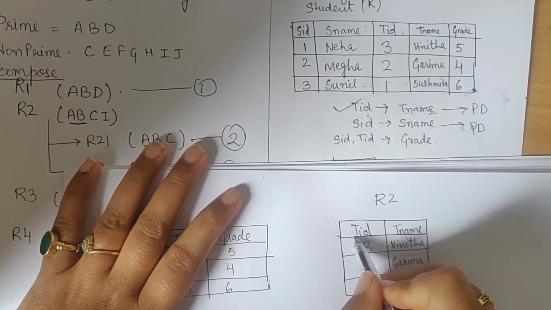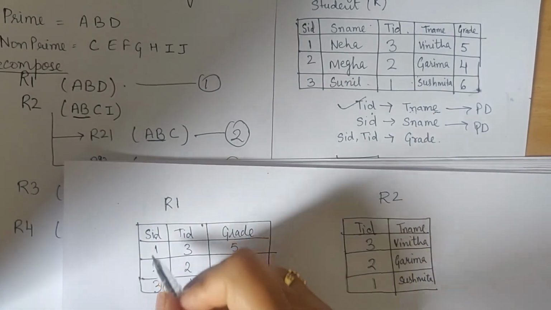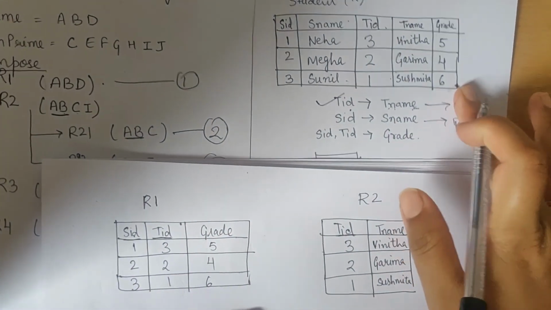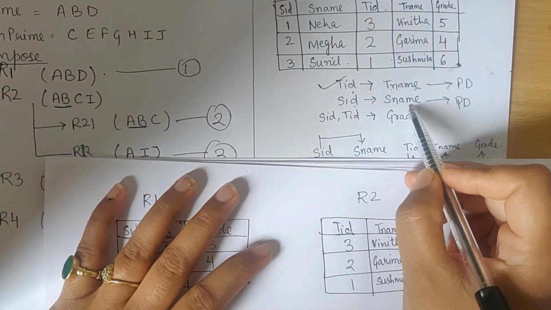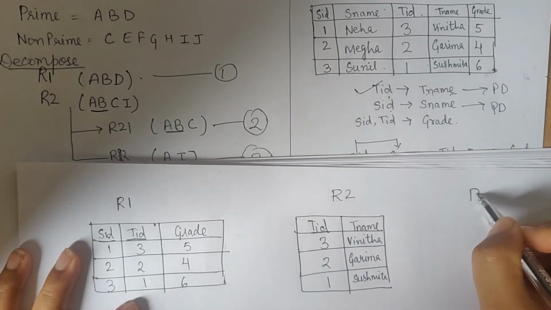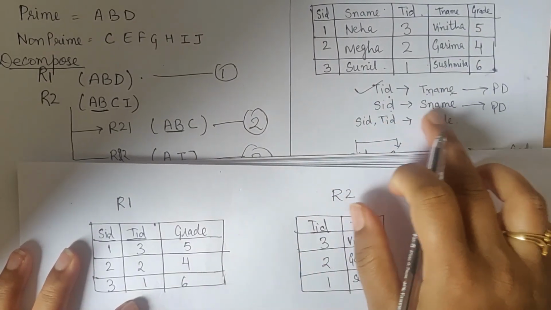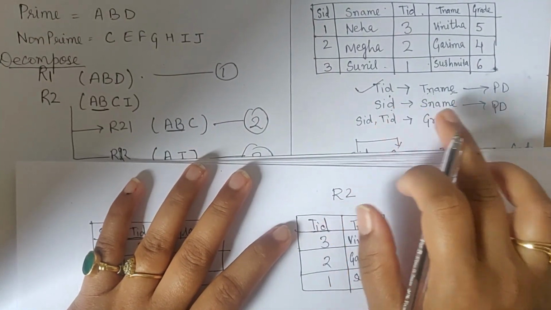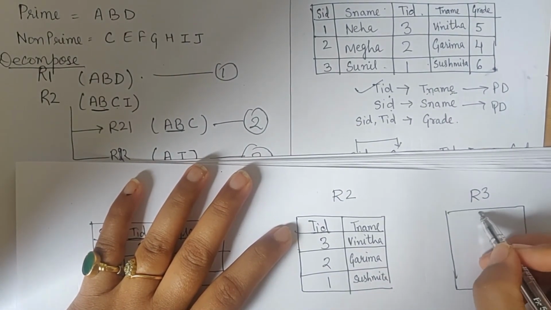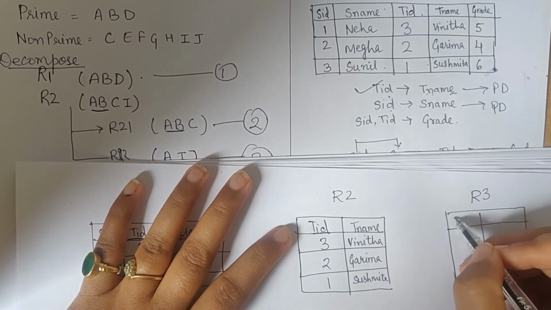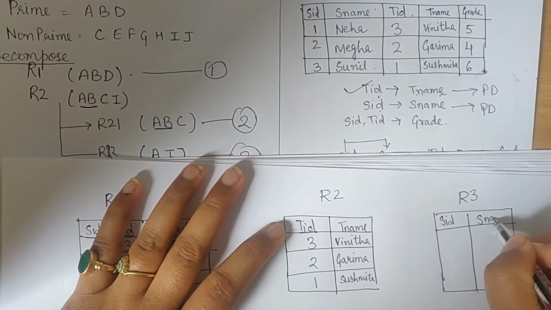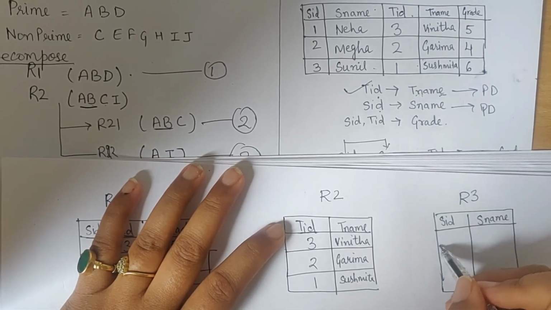For this table, TID will act as a key. For the other table, SID, TID together will act as a key. Now, this other functional dependency is creating a problem, so let's create an R3 table for this. SID determines SName, so here I will have 3 tuples.